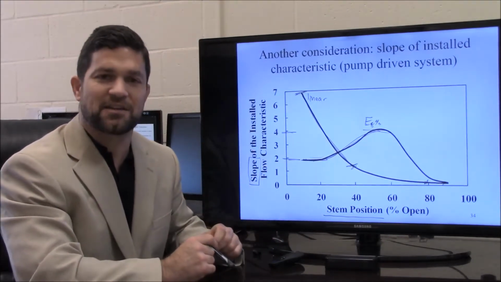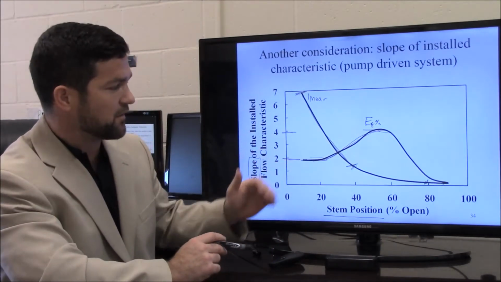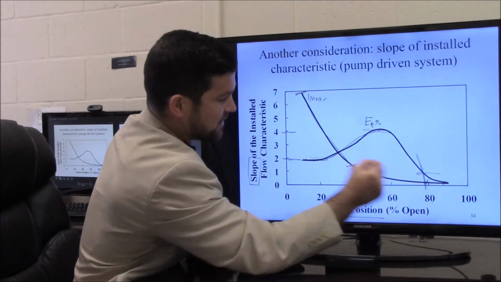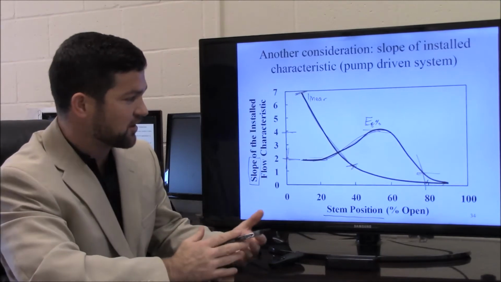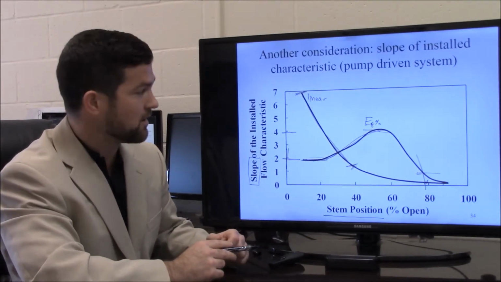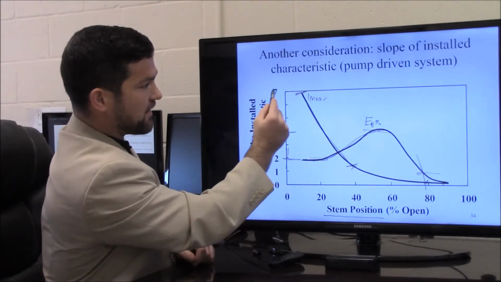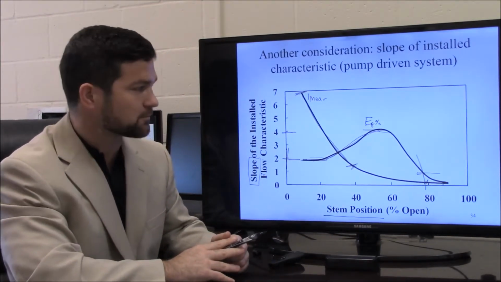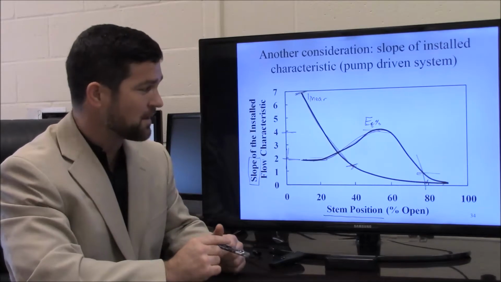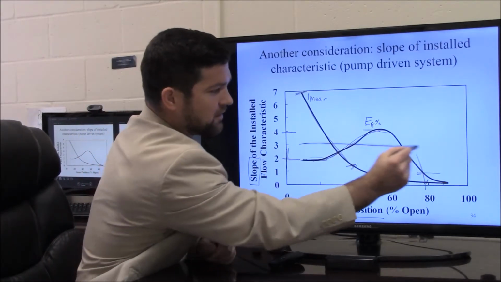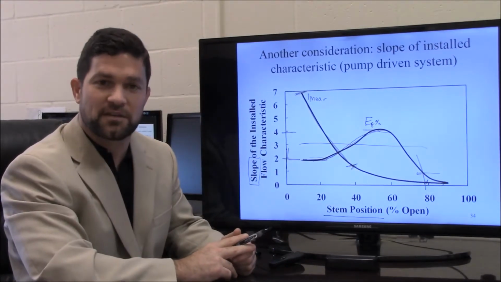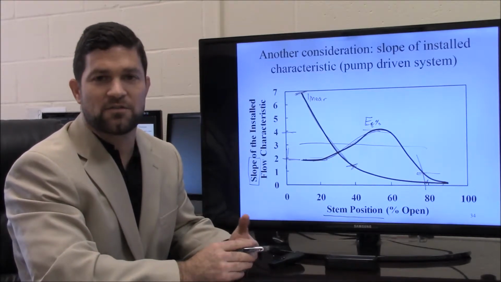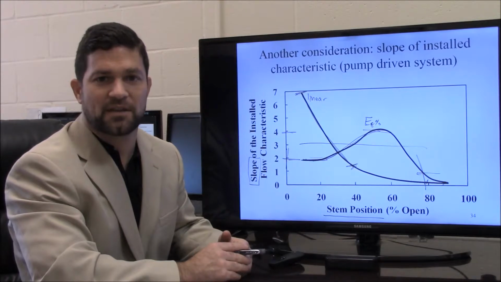Again, this isn't necessarily ideal, but looking at the performance over the entire range, the gain varies between about 2 and 4, whereas the gain on the linear valve changes between 7 and much less than 1. Ideally, we'll want a valve that operates with a fairly constant slope, but that may or may not be achievable because you're not going to design a new specific valve for every different process.